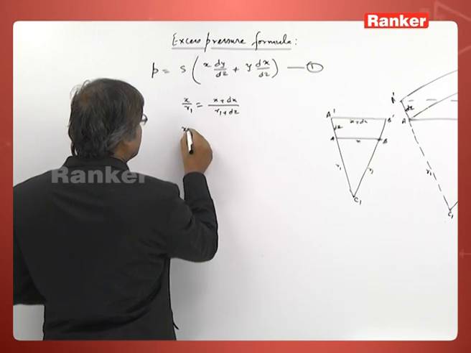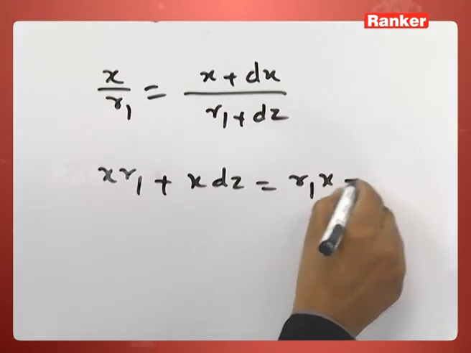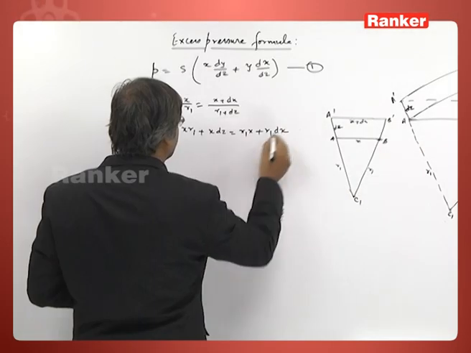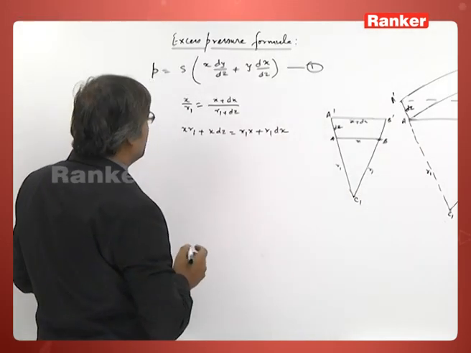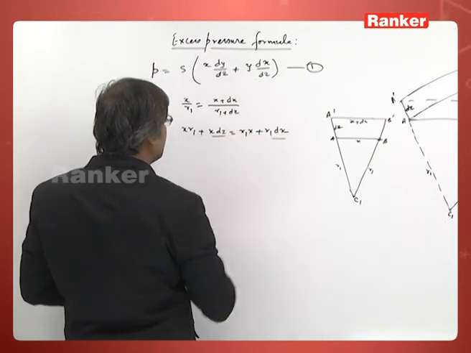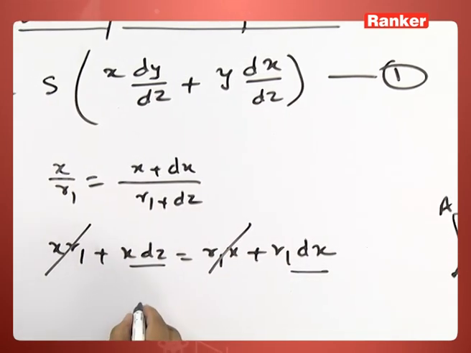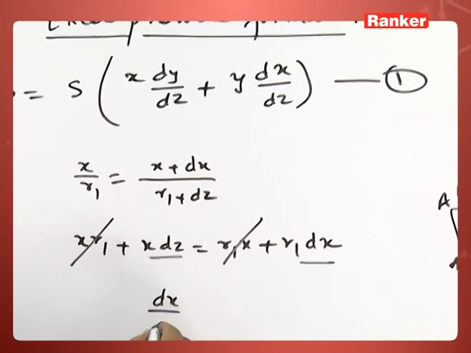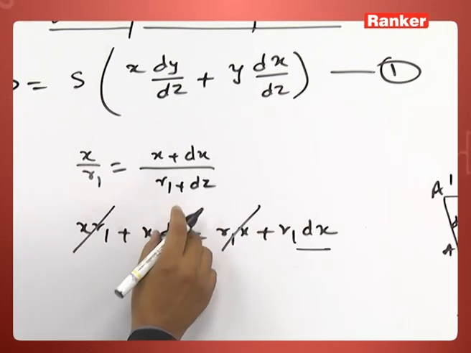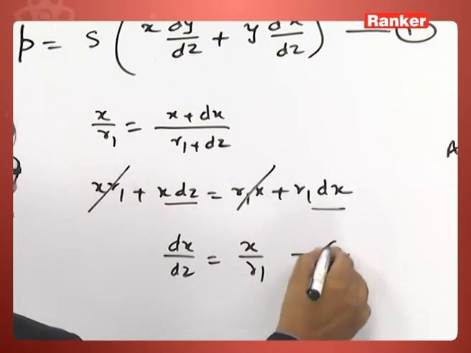So x R1 plus x dz is equal to R1 x plus R1 dx. The R1 x cancels out, so we have dx by dz as x by R1. So this is equation 2.